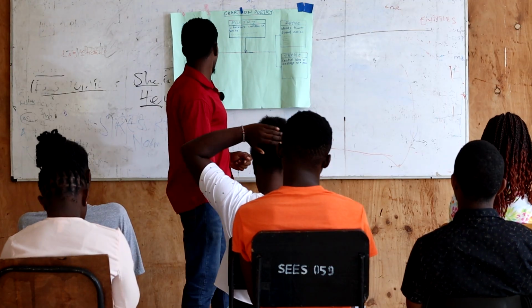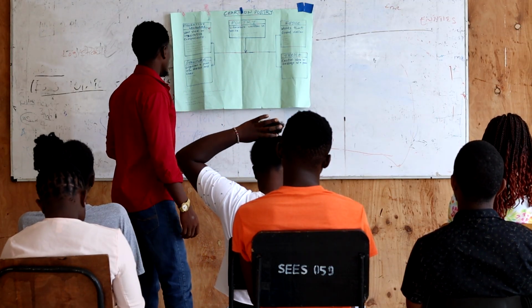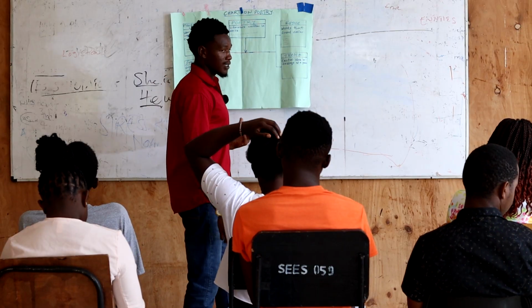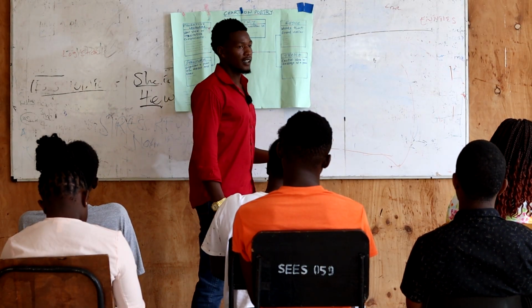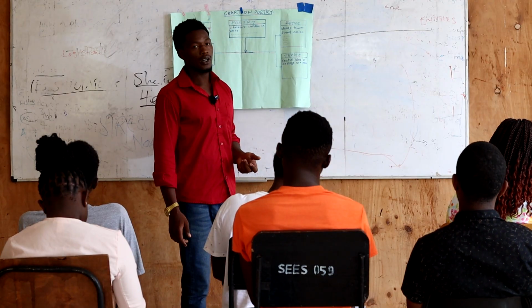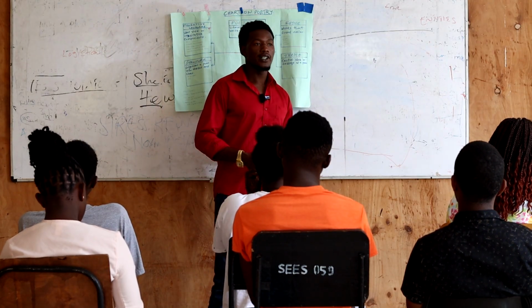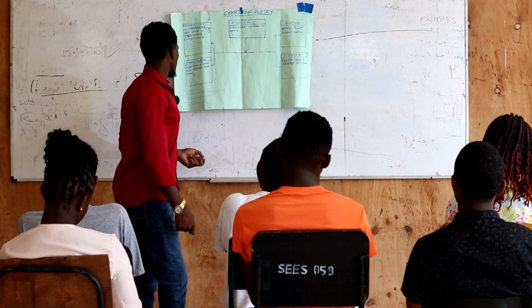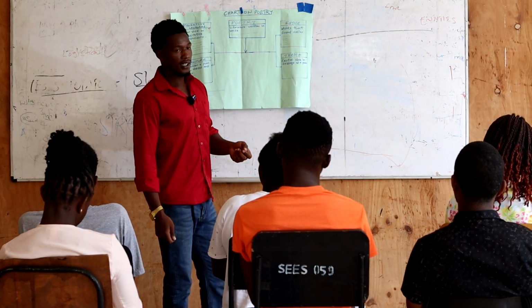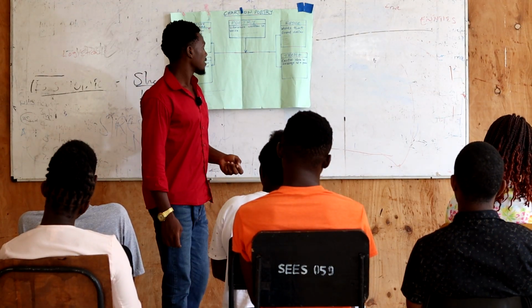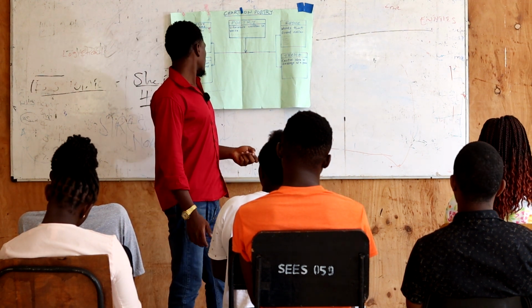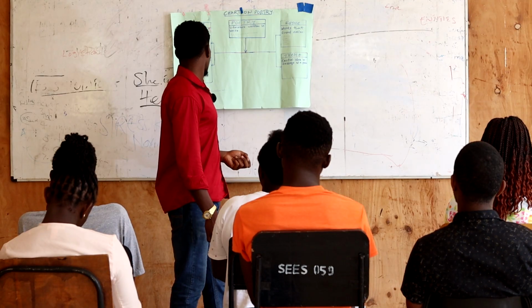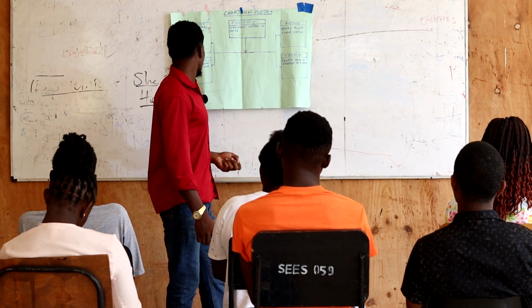And we have some other elements that are used in poetry, such as imagery. Imagery is a very good work of poem. When I say imagery, this is language that appeals to the senses, such as sight, sound, smell, touch, and taste.